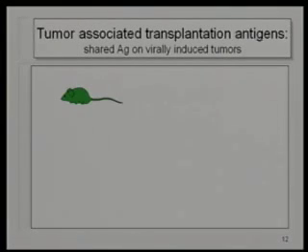Okay. Transplantation antigens. Now we come to experimental models, how it was shown. There has been a lot of work with animal models of tumor. And what has been seen is that certain viruses can induce tumors in these animals.